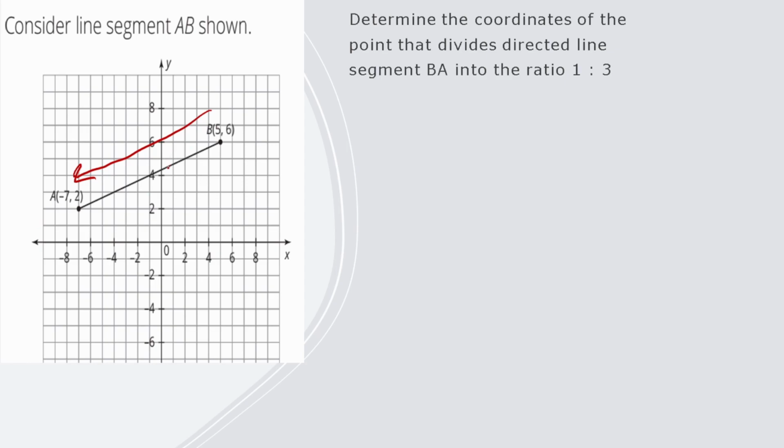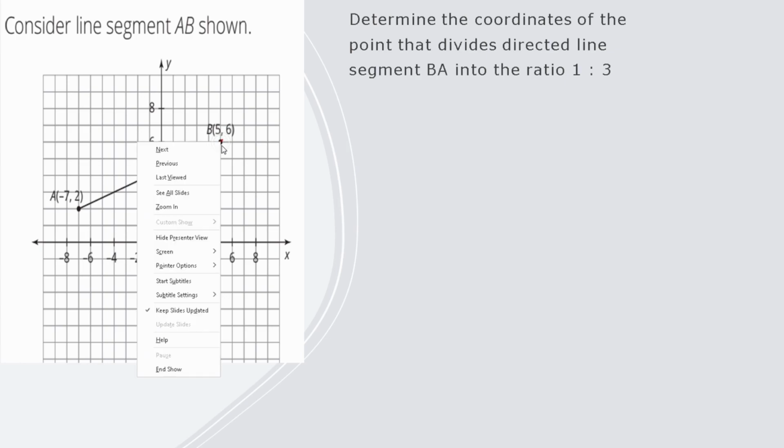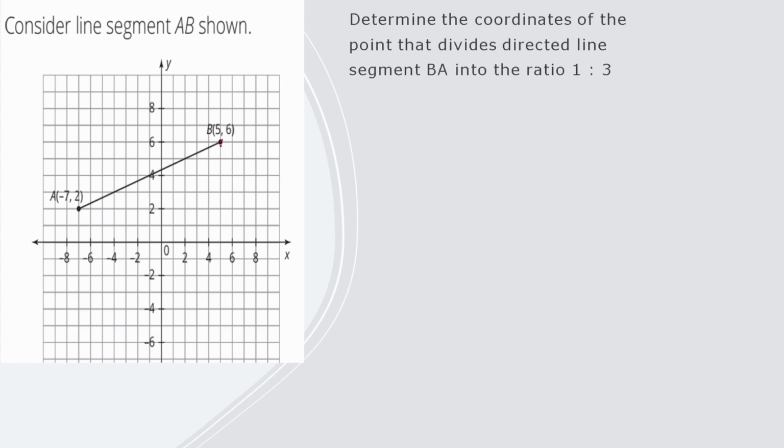4 parts. So I'm going to show you guys a couple ways we could do this with this graph. One way is just using the idea of this graph and using the idea of slope. So rise over run. What we could do is do our rise over run, but we want to go from B to A. That's one thing to keep in mind.